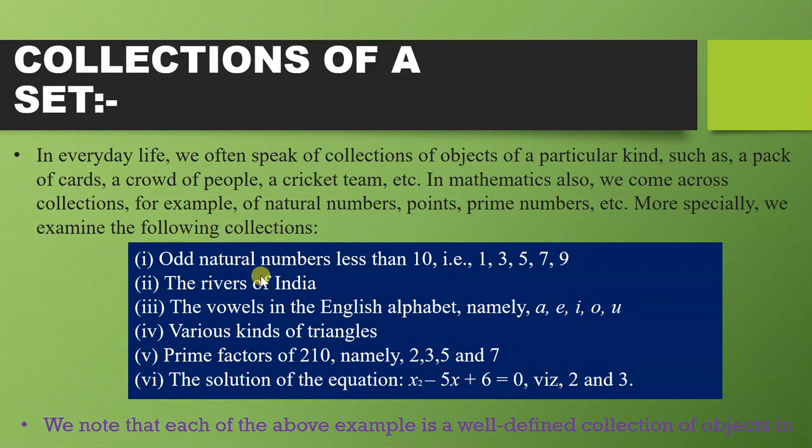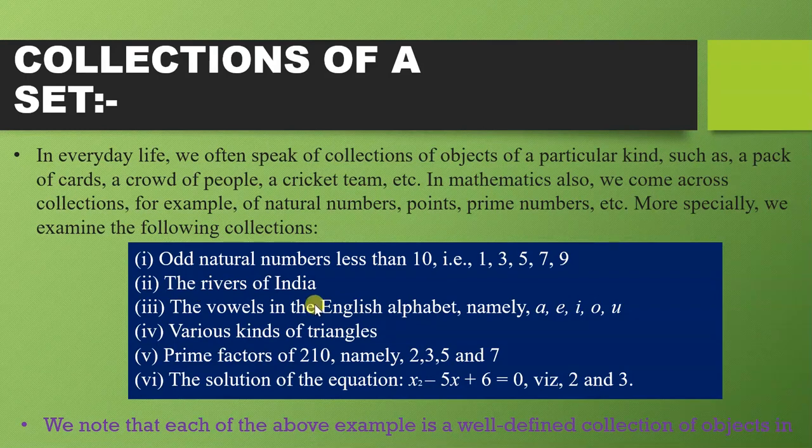Suppose we have odd natural numbers less than 10. Then the odd natural numbers are 1, 3, 5, 7. And this collection is not ambiguous. No other element will belong to this collection. So this collection is an example of a set.